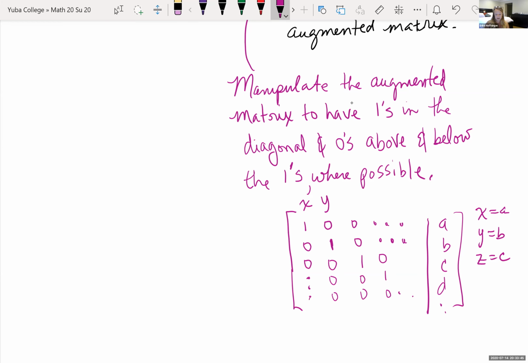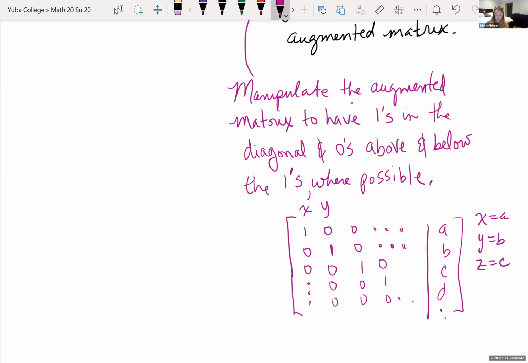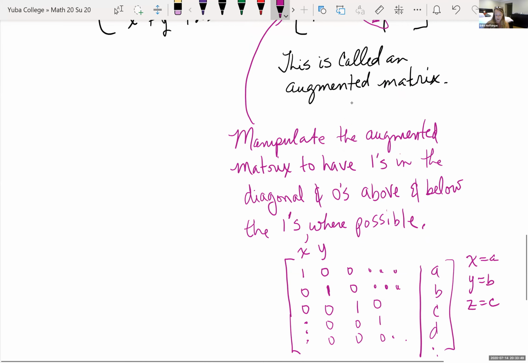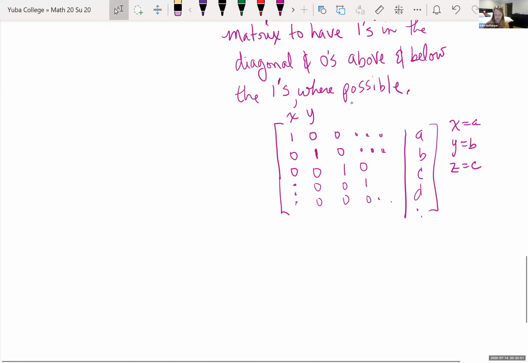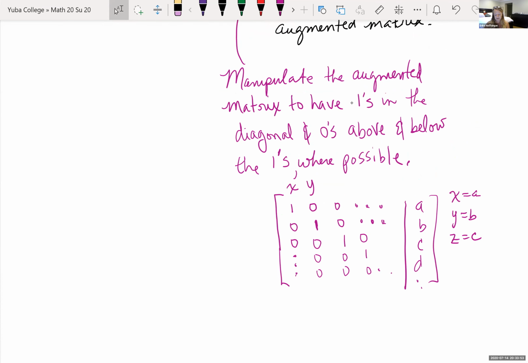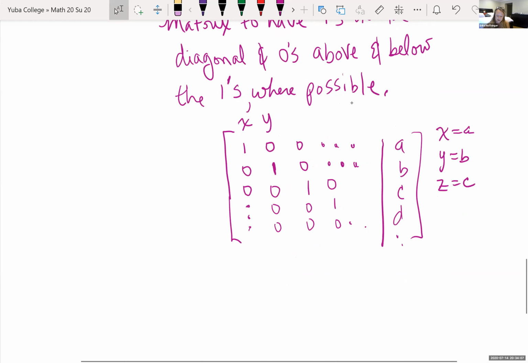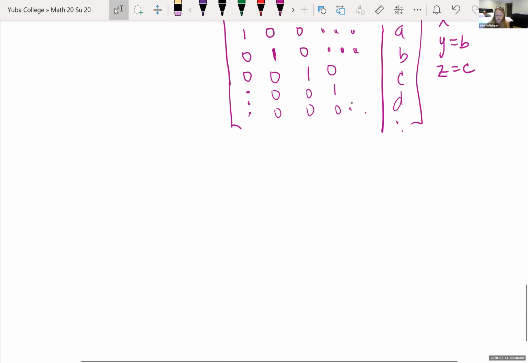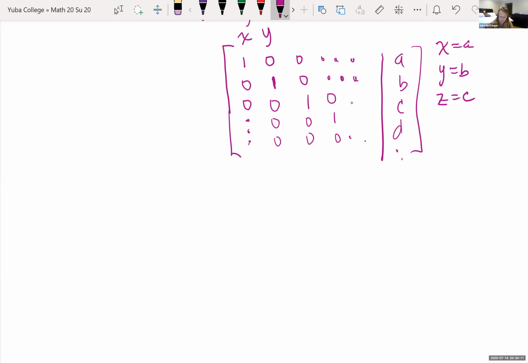Anyways, when you're doing this, it's very, very helpful if you keep things in order. If you don't keep things in order, you can be undoing what you had just done or just making a mess of it. And so when you're working with these matrices, it's always helpful to work column to column.